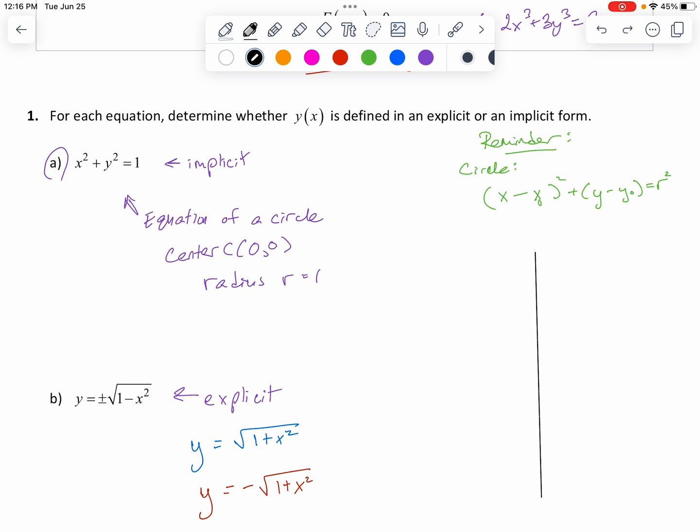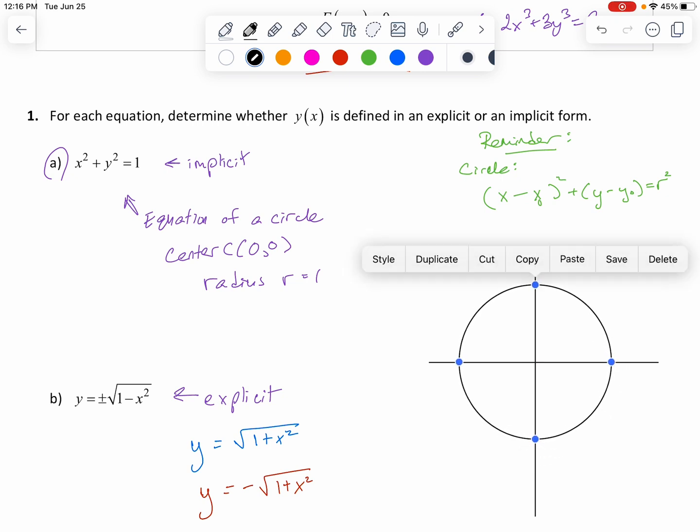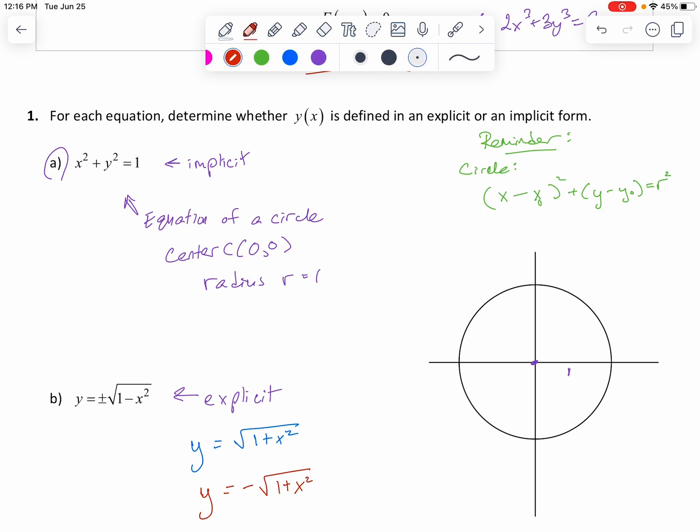So what does that look like graphically? If I have a circle of radius 1, centered at 0, 0, the red equation is really just showing the bottom half of the circle.